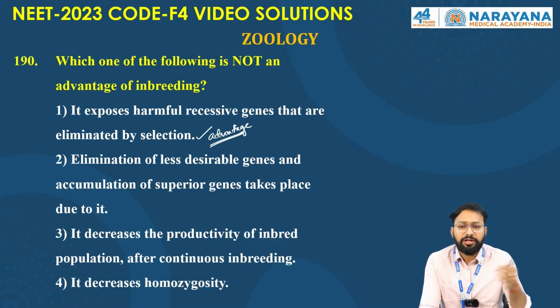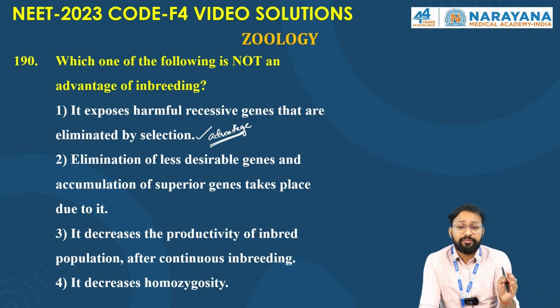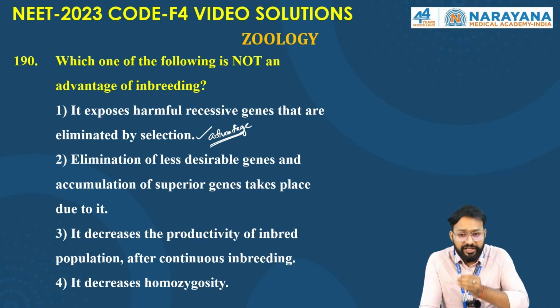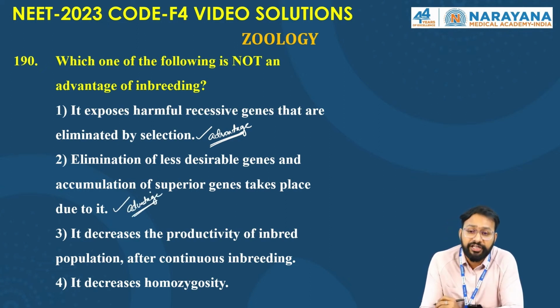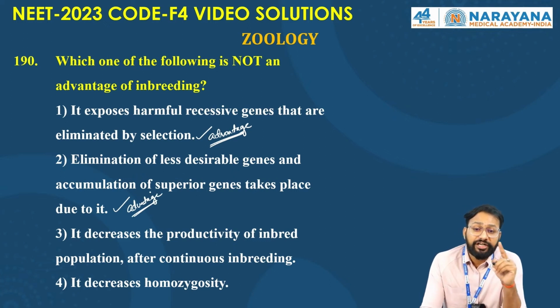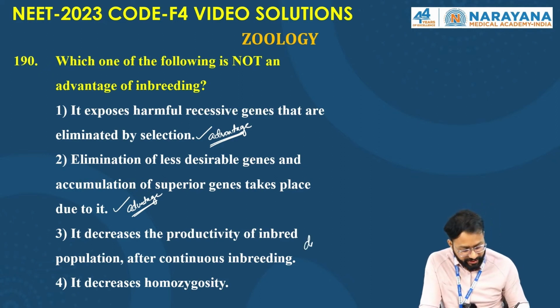So removal of the less desirable traits, elimination of less desirable genes and accumulation of superior genes takes place. This is also an advantage of inbreeding. It decreases the productivity of the inbred population after continuous inbreeding. It is a disadvantage. Continuous inbreeding decreases productivity and fertility, which is a disadvantage.